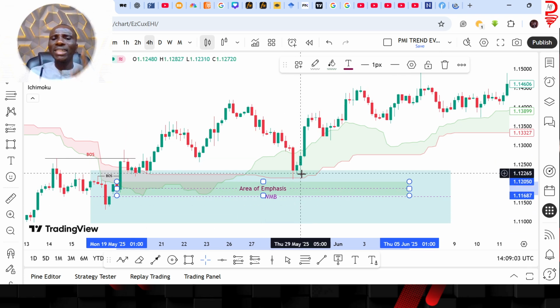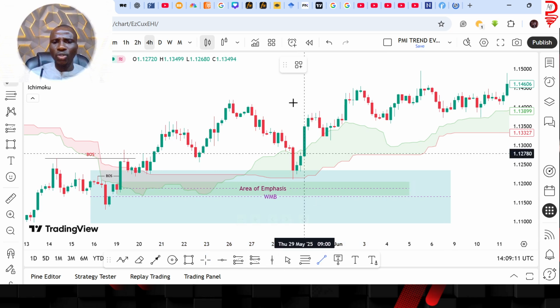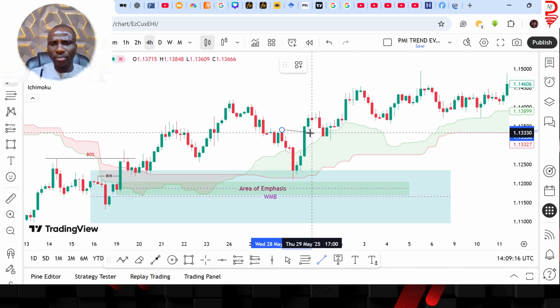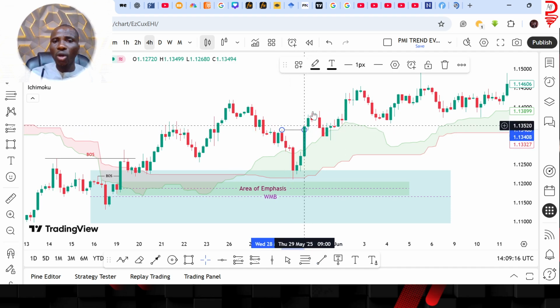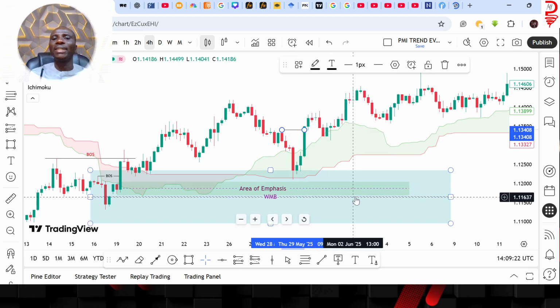But the confirmation will be that the liquidity that pushed the market up could break a structure. You see that there was a break of structure. This was a break of structure. So suppose we saw this trade before it happened, we would have taken a position like this.